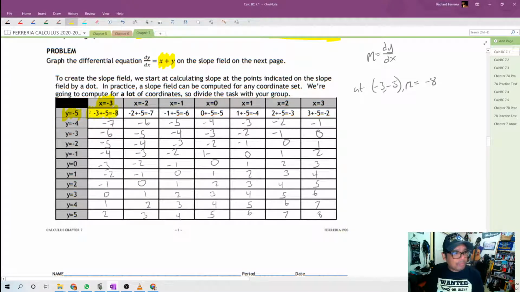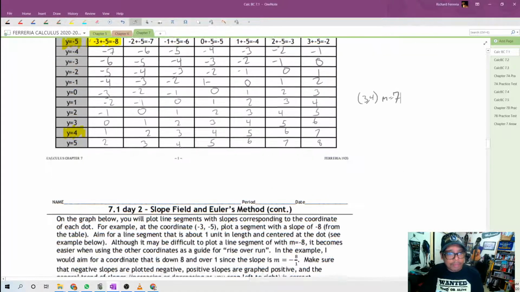Okay. Let's pick another coordinate here. Let's pick 4 on the y-axis and 3 on the x-axis. So the coordinate of 3, 4, the slope is going to be 7.